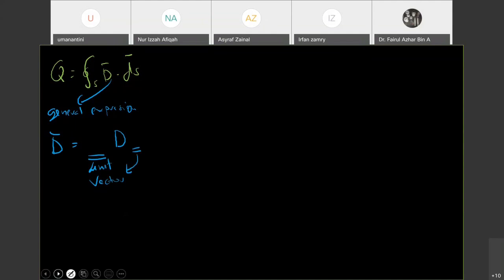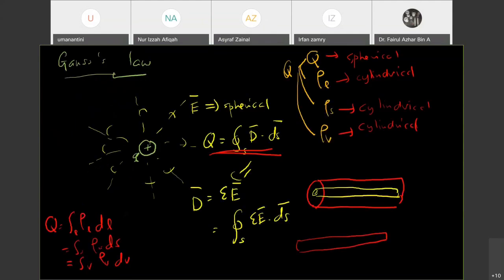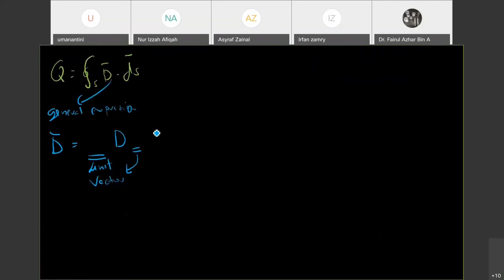Okay, so let's say lah, katalah kita gunakan spherical, ataupun charge ni wujud dalam bentuk absolute value. So kalau refer balik slide yang sebelum ni lah, kalau Q, then definitely we will have D is equal to R cap D_R, sebab dia punya shape of field adalah dalam bentuk spherical shape.